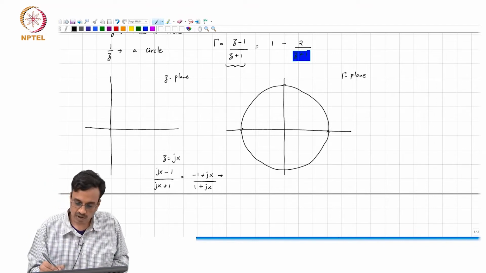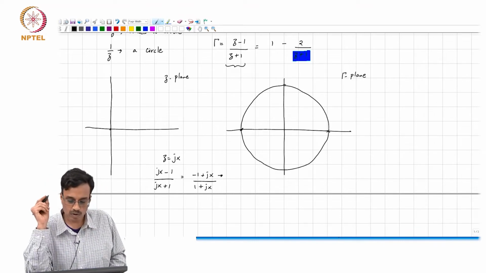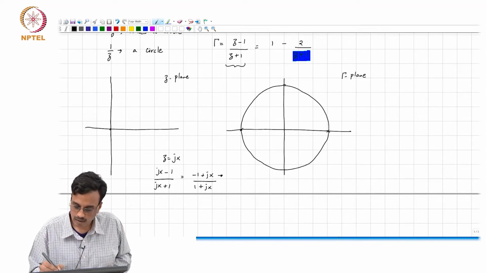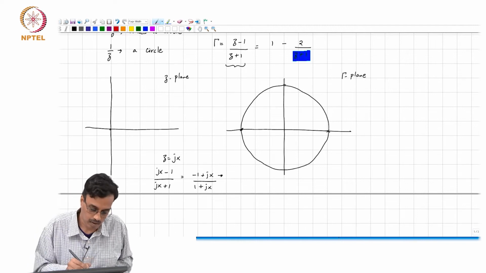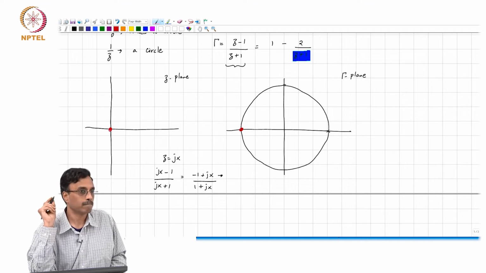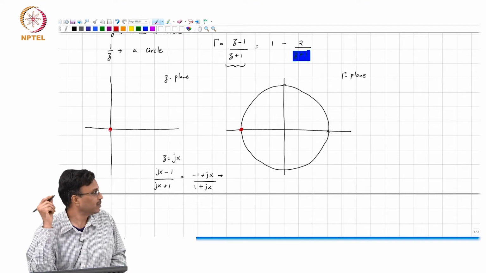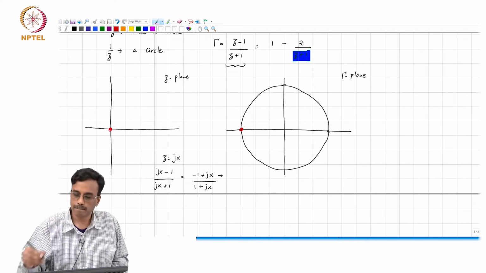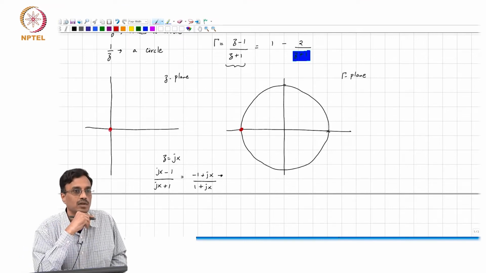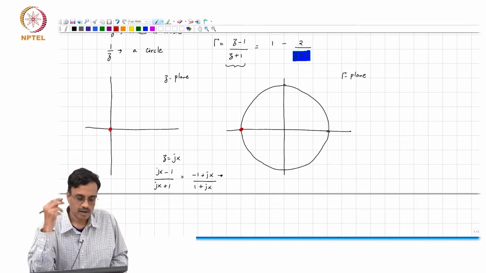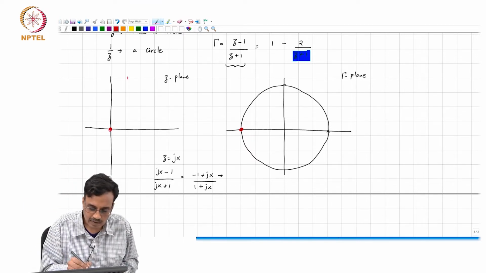So this corresponds to, and the origin basically corresponds to this point, corresponds to that point. All right. And that makes sense, right? Because if the impedance is a perfect short, then the reflection coefficient is minus 1.